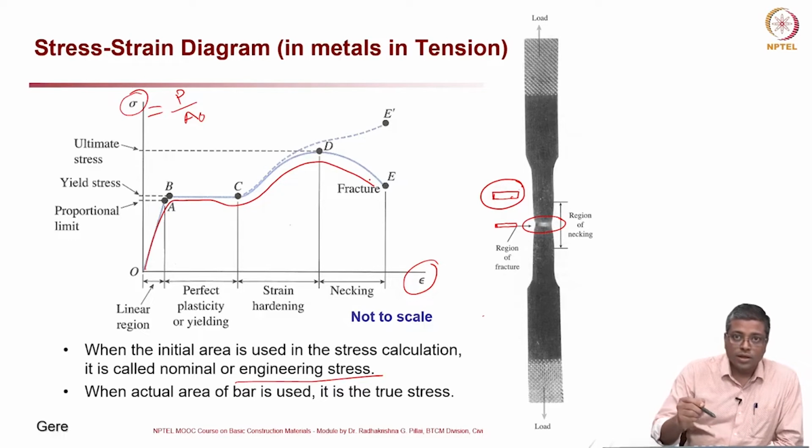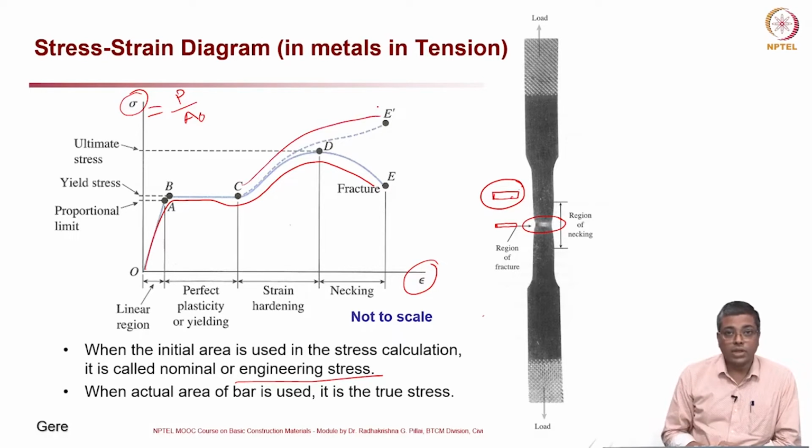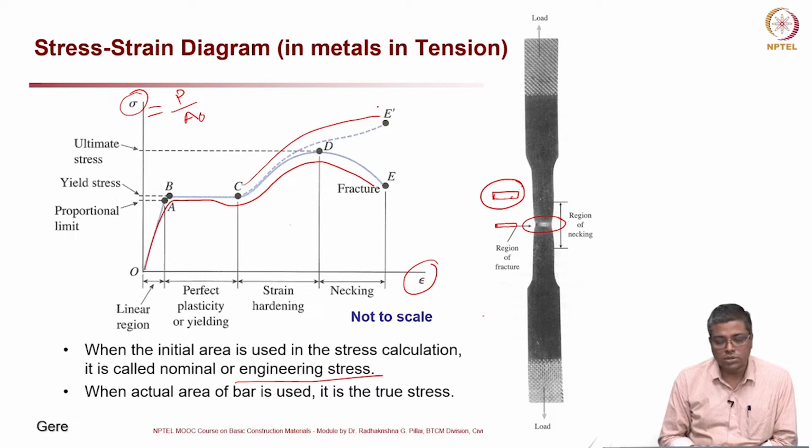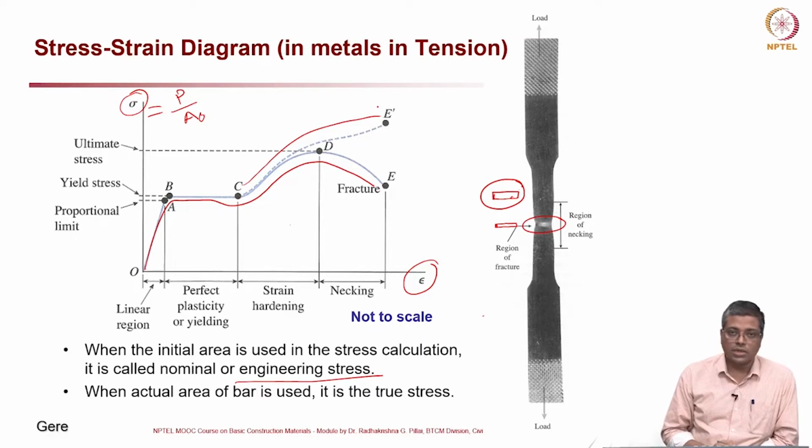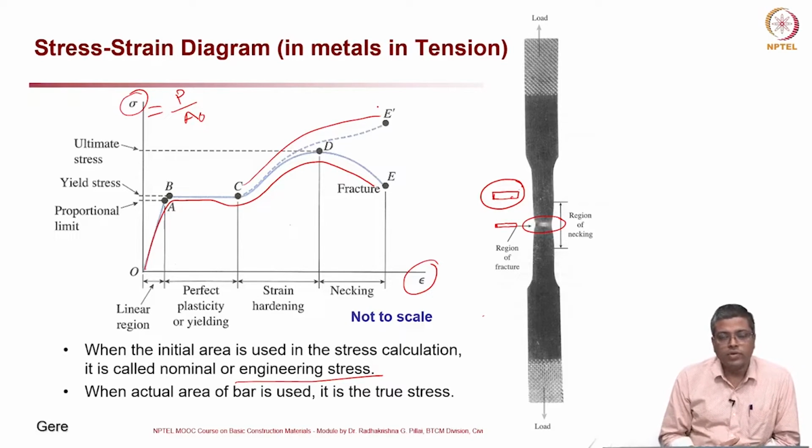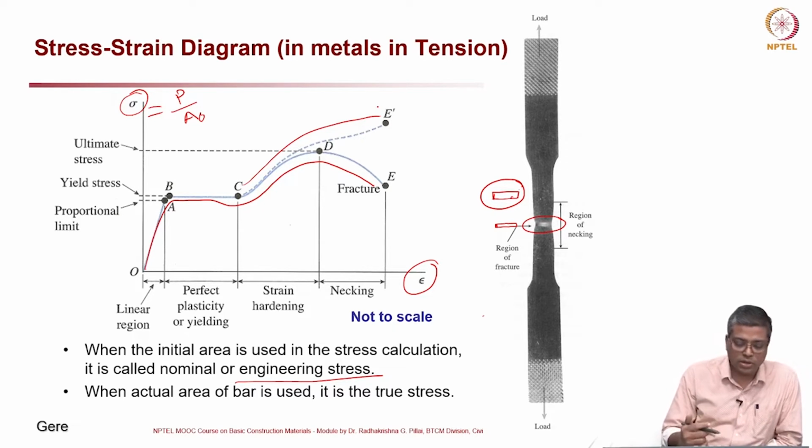If the actual stress at every point of time is considered, then it will follow this other curve. That is true stress, not the engineering stress. But how do we get the actual area during the testing? It is quite difficult to measure during the test. So, in most testing we use only A0, and we use engineering stress as a parameter for comparison of various materials.